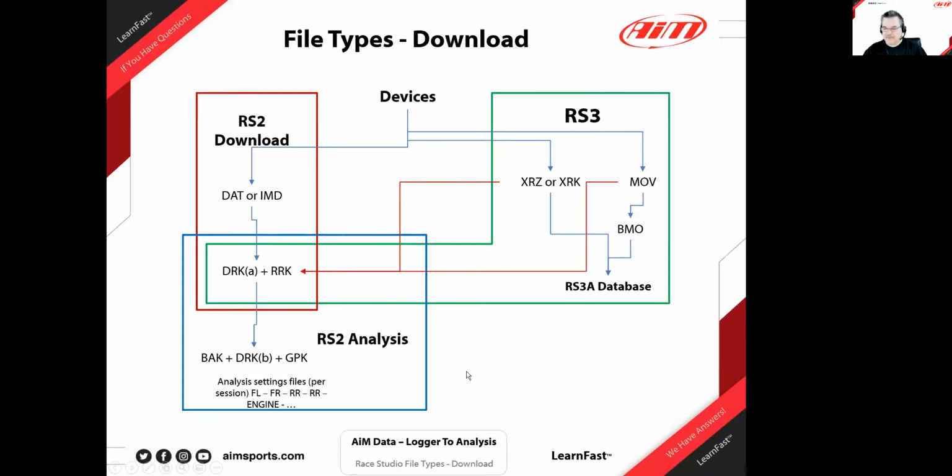Feed us a little bit more information, especially about the Race Studio 3 side, because that's what the bulk of folks are using, and then what Race Studio 2 does, and finally, what files are important to us. We'll go to the next sheet when you do this one, but what files are important to us for sharing data back and forth, either to us as tech support or teammates and friends or whatever it happens to be.